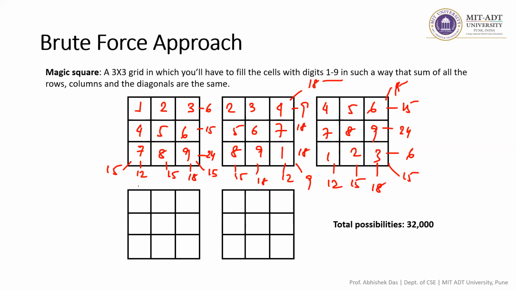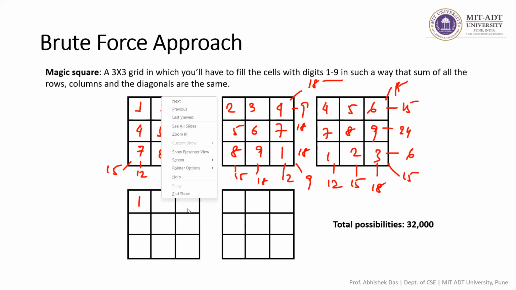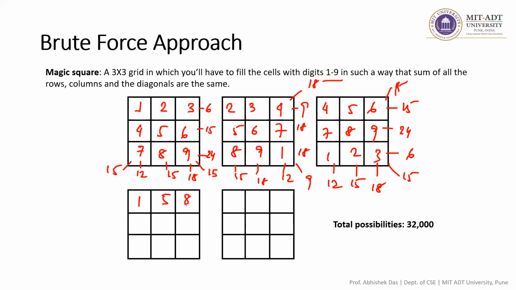Now let's try another possible chance. So let's say 5, 1, 8, and then let's say 2, 6, 3, then let's say 4, 7, 9, right? Then what is going to happen? 5 plus 1 is 6, 6 plus 8 is 14. So you are getting 14 over here. Then 6 plus 2 is 8, 8 plus 3 is 11. So you're getting 11 over here. Then over here, you're going to get 20.